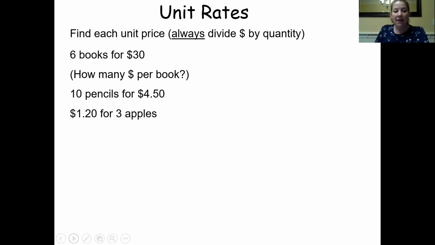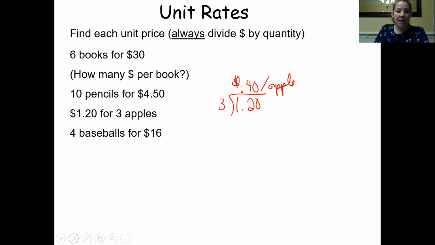All right, what about if I spent $1.20 for 3 apples? I would spend 40 cents per apple. What about 4 baseballs for $16?